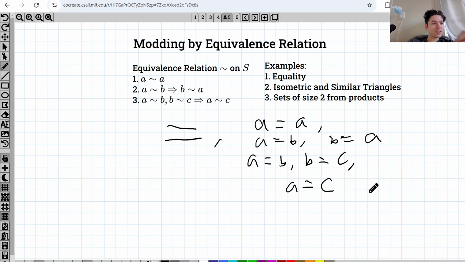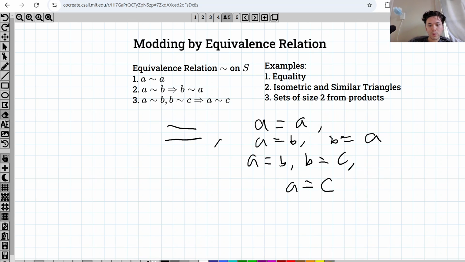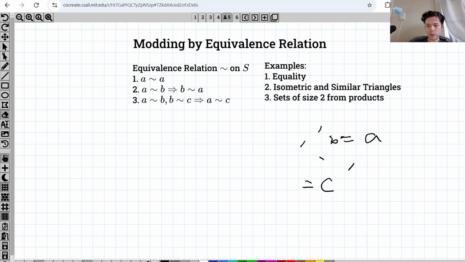Now, the next type of equivalence relation I'm going to talk about illustrates the difference between equality and different equivalence relationships. And I'm going to talk about first, even though I said isometric and similar triangles, I'll start with similar triangles.